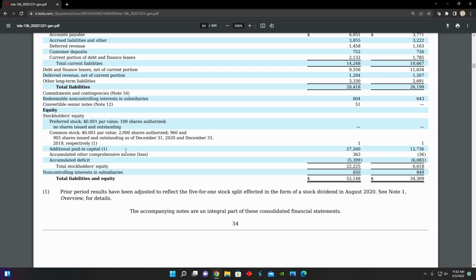But just to keep it simple, this value right here, additional paid in capital, basically means the amount of shares that were issued to raise capital multiplied by the actual share price of the company when those shares were issued. And so if we take additional paid in capital plus the amount of money that was raised from issuing stock at par value, that gives us the total amount of capital that was raised from issuing stock in the company.